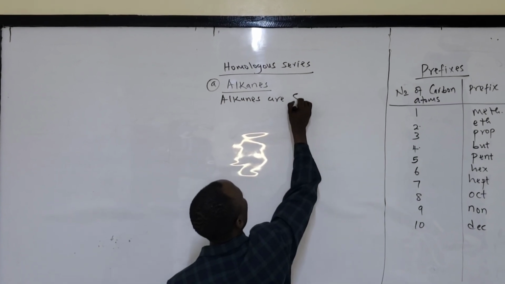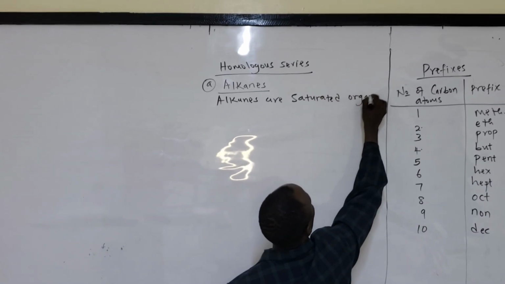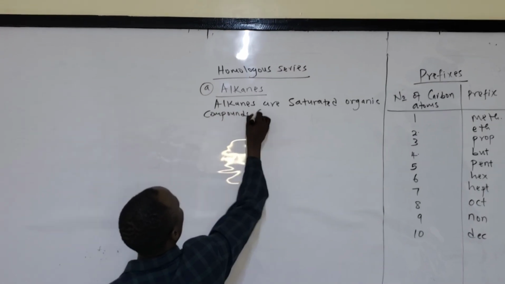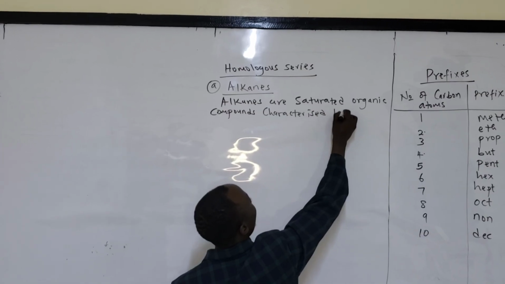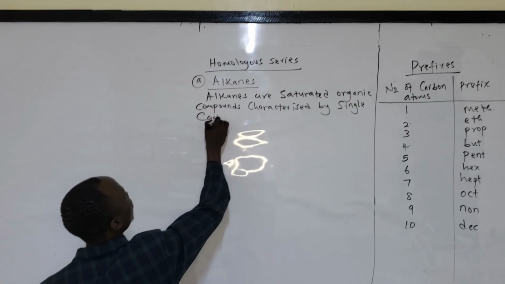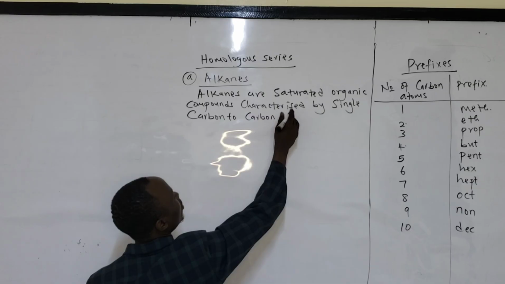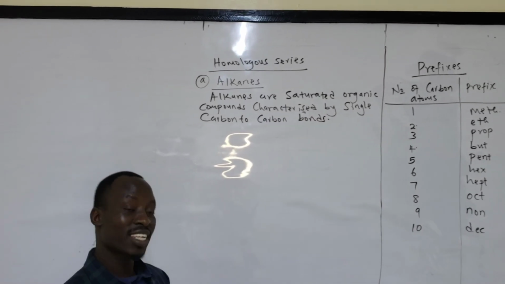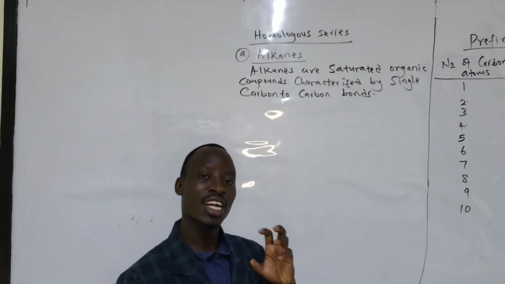Alkanes are saturated organic compounds characterized by single carbon to carbon bonds. Yes, alkanes are saturated organic compounds characterized by single carbon to carbon bonds.